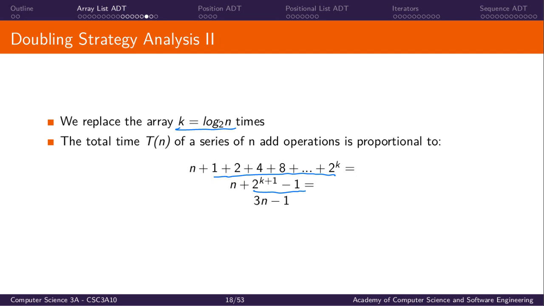The first number on the left, the 1, would simply be 1 in binary, right? 1 plus 2 would be 1, 1 in base 2. 1 plus 2 plus 4 would be 1, 1, 1 in binary. 1 plus 2 plus 4 plus 8 would be 4 ones in binary. Because the leftmost one represents 8, then the one to the right of that represents 4, then 2, then the last one on the right represents 1, correct? So this number will actually end up being a series of ones up to a kth one.